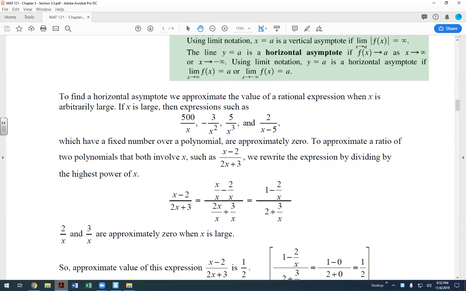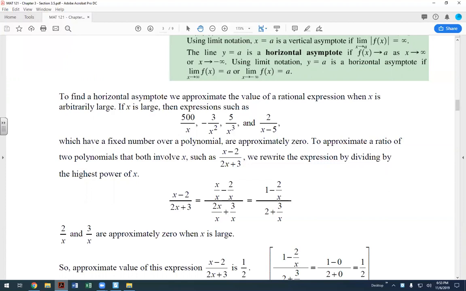Negative 3 over x squared, as x goes to infinity, this whole entire fraction is going to 0. Same thing with these two guys over here. As x gets really large, this whole expression is going towards 0. So that's one thing we need to keep in mind when we're calculating horizontal asymptote. So if these were our functions, all of them would have the horizontal asymptote at y equals 0.